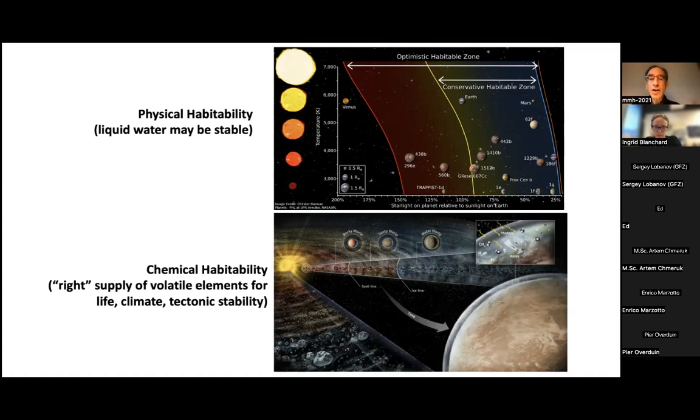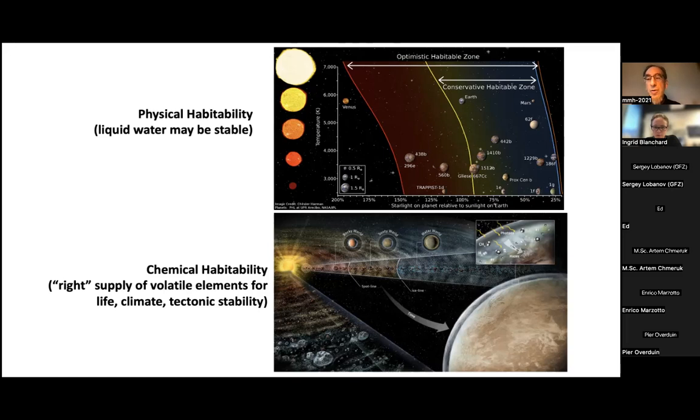This cartoon on the lower side here is meant to illustrate that we may have a diversity of planets depending on their location or depending on other aspects of their history, from a barren rocky world to a sooty world that is completely encased in methane and organic molecules, or a water world where there are very, very thick water oceans.